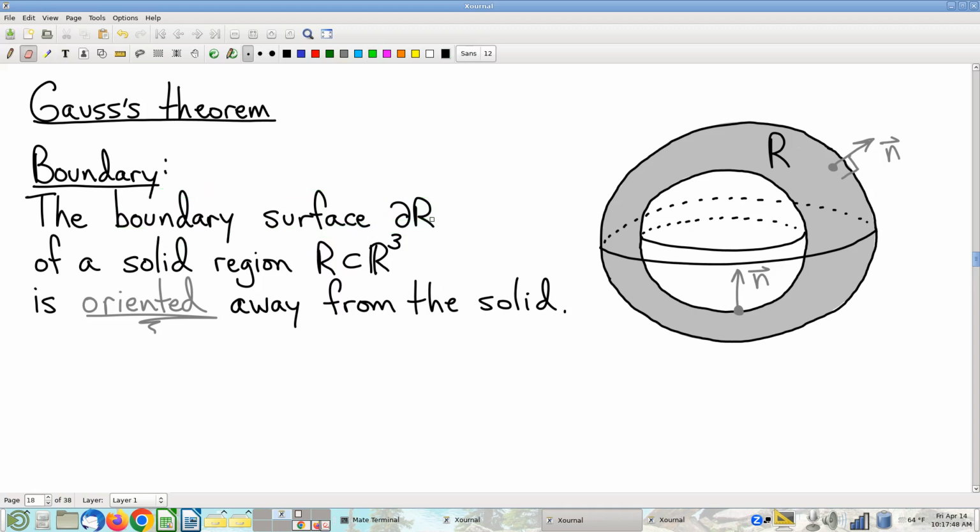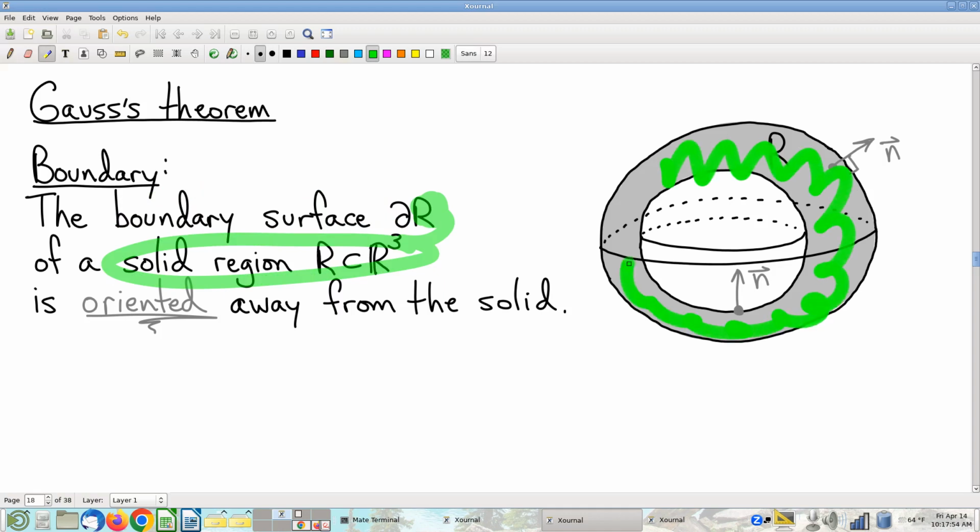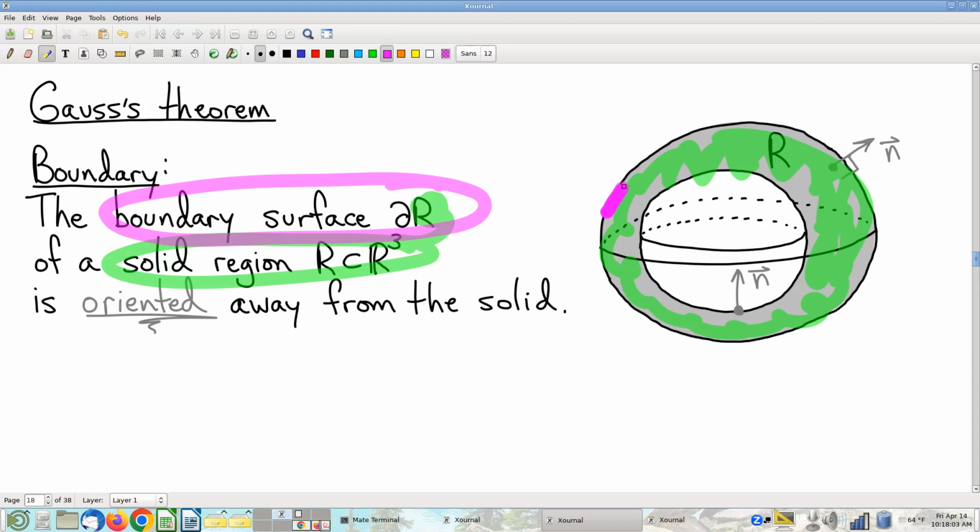So, when I have a solid region R, that I'm going to shade in here like this, for example, and I want to talk about the boundary surface here. By the way, notice the boundary has kind of two pieces, if you will, because of the weird nature of this solid.